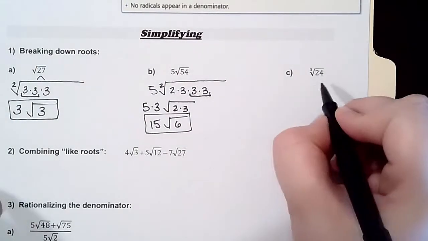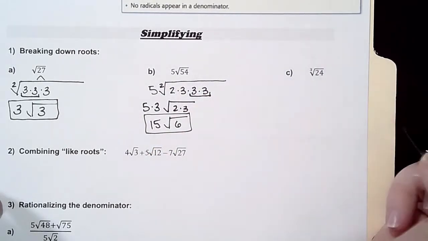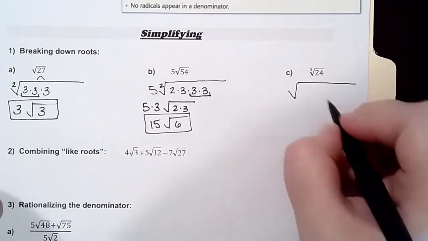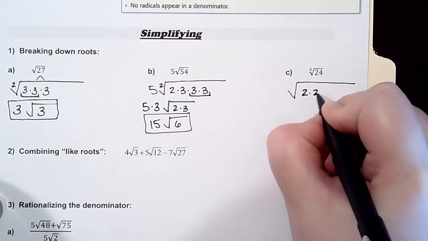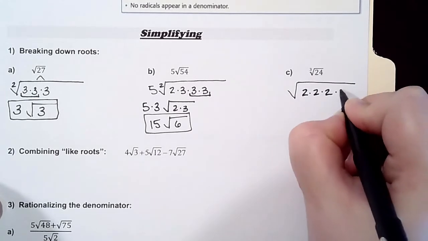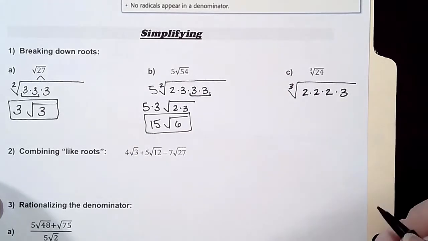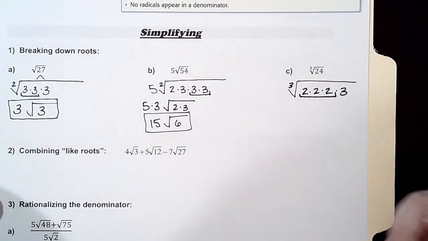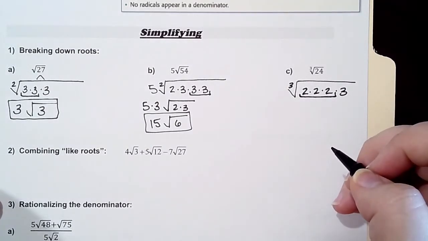This time, instead of looking for squares and pairs, we're looking for cubes and trios. So when I break this one down, 24 can be broken down into 3 and 8, which is the same thing as 2 times 2 times 2 times 3. Now this number on the outside tells me what I'm looking for. So I look for a set of 3 numbers or of a variable if you have one in there.